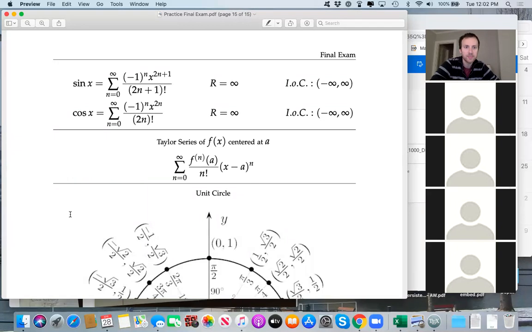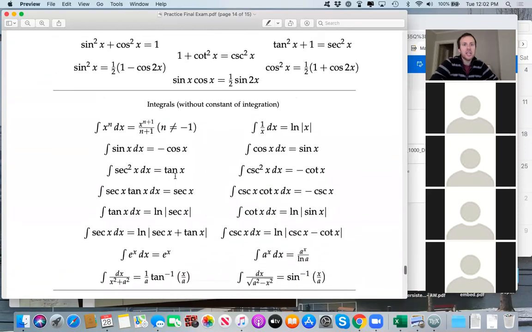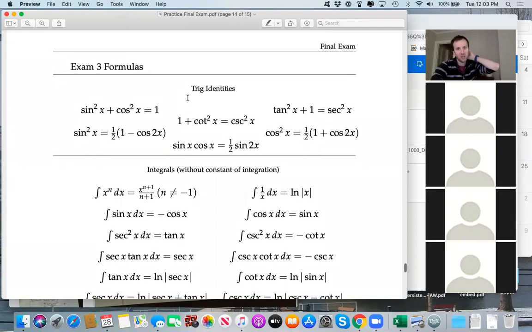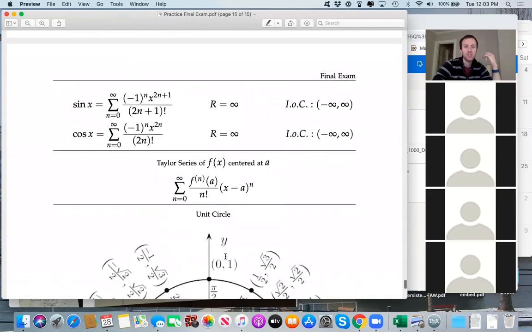Okay. I think this formula sheet is all stuff that, since it's a take-home exam for the final, you have access to, but I'm going to include this on the exam just because it might be nice to have it all in one place. So this has a lot of the things from different parts of the course: trig identities, basic integrals, some new power series stuff, a unit circle.